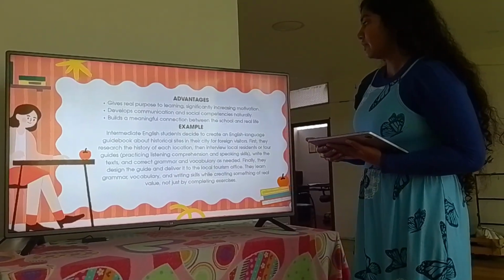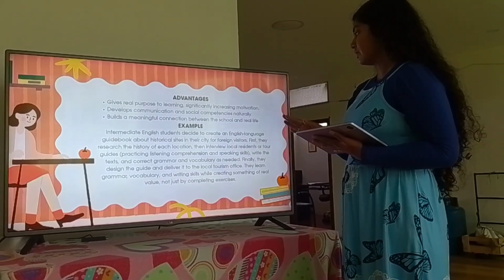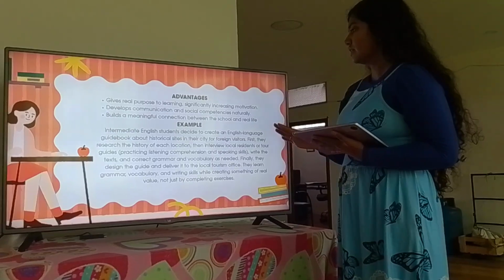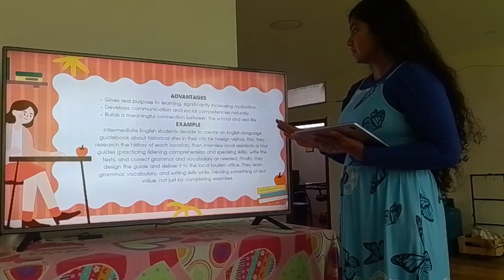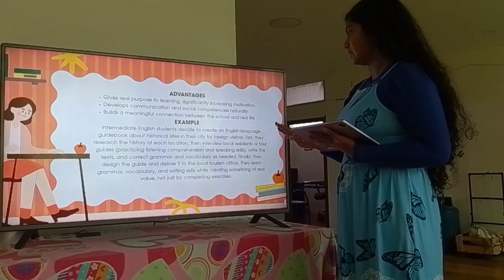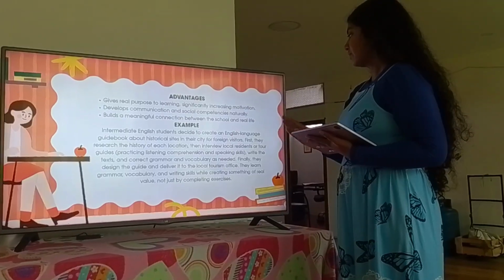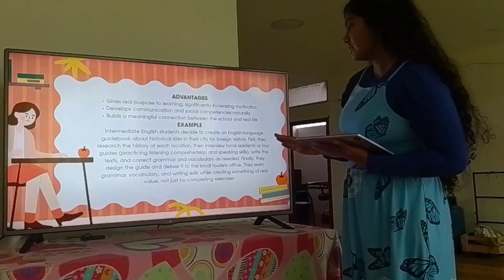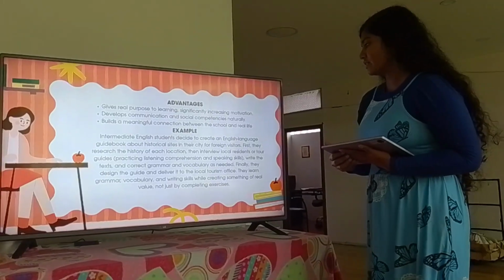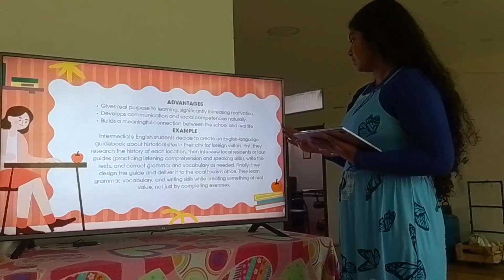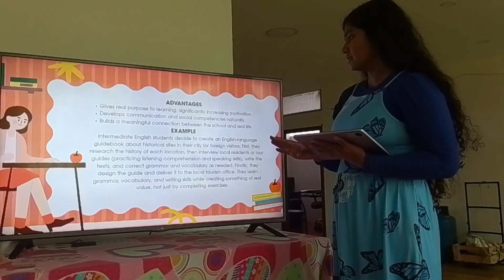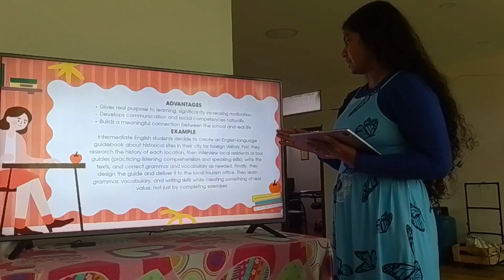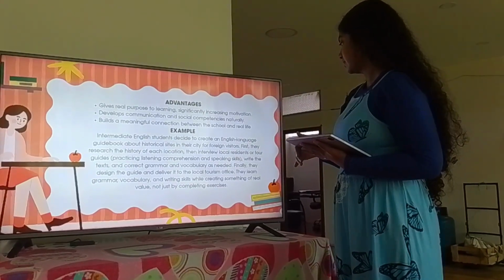Example. Intermediate English students decide to create an English language kit of books about historical sites in their city for visitors. First, they research the history of each location. They interview local residents or tour guides, practicing listening comprehension and speaking skills.